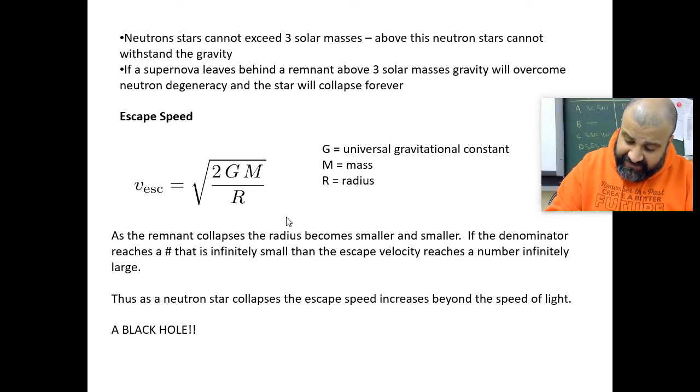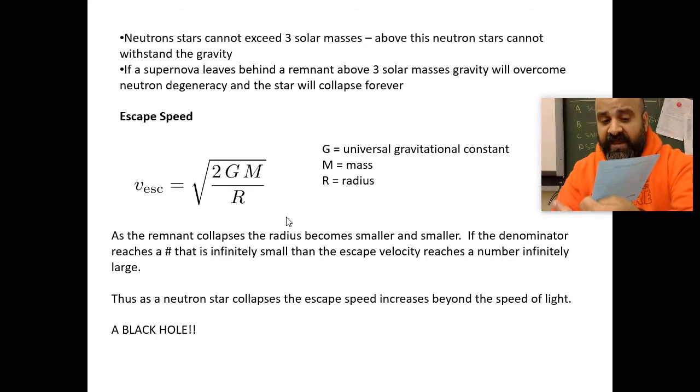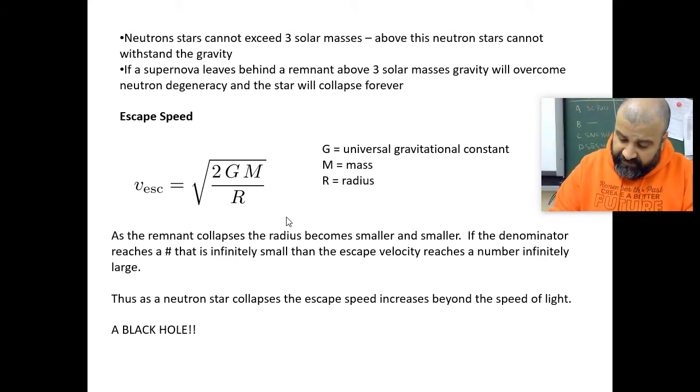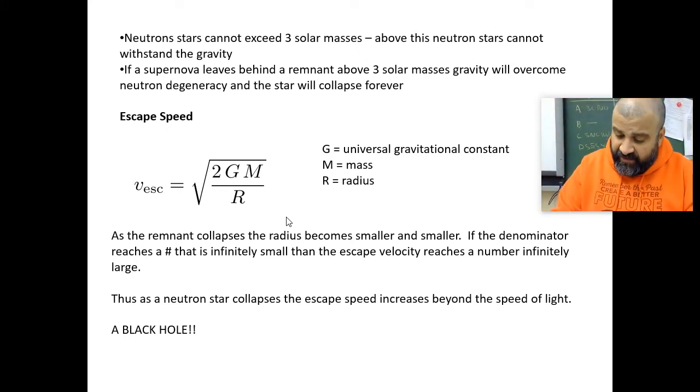So let's say it continues to collapse and I get 10 over 1. 10 divided by 1 is 10. The escape velocity has increased as it collapses. What if we go 10 over 0.1?